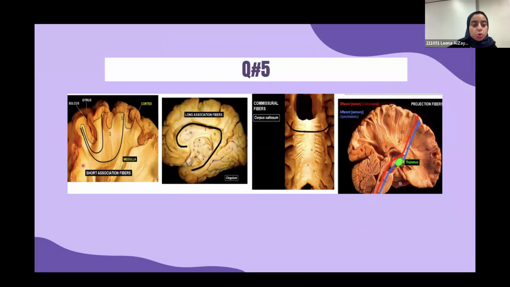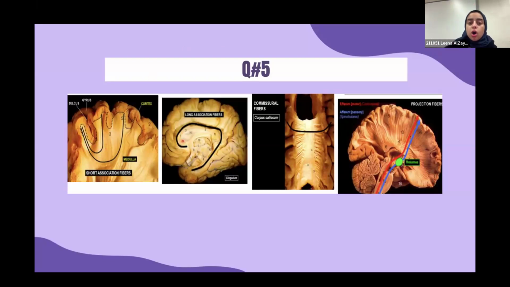So the short association fibers connect short distances in the same hemisphere. Association fibers both connect within the same hemisphere, but the short ones connect between a sulcus and a gyrus, so you're connecting two areas next to each other, two bumps together.